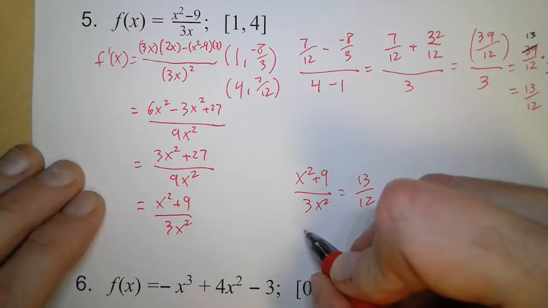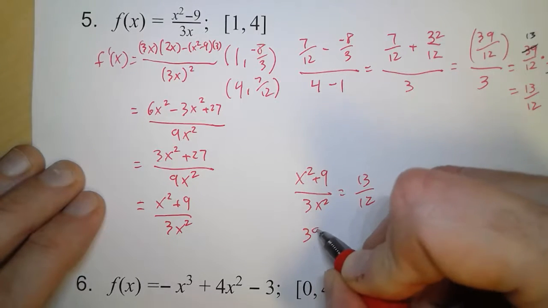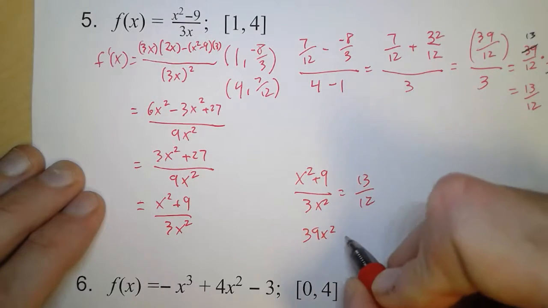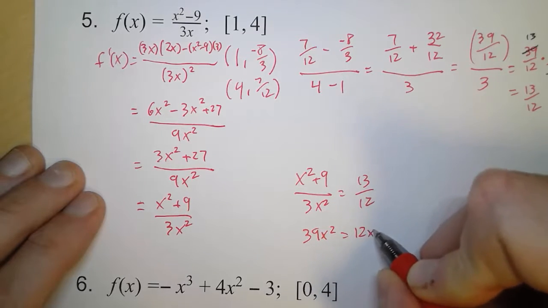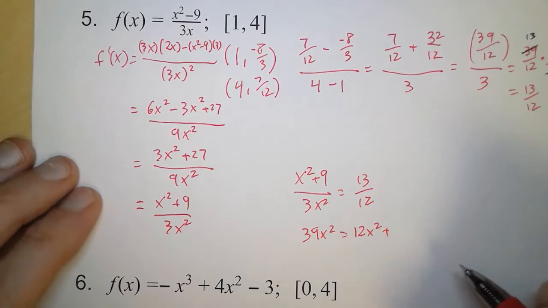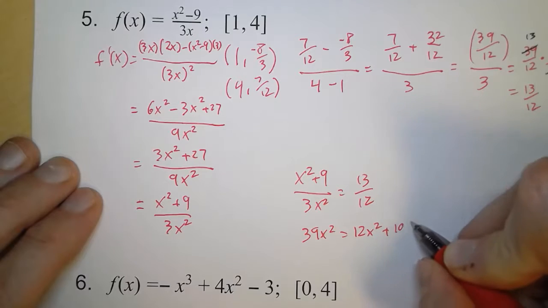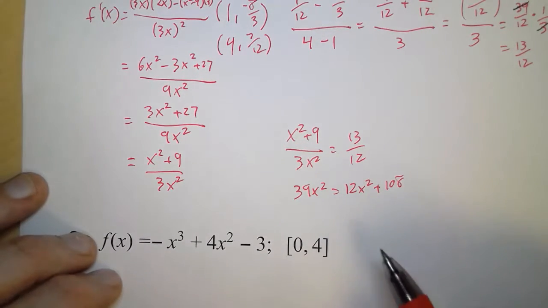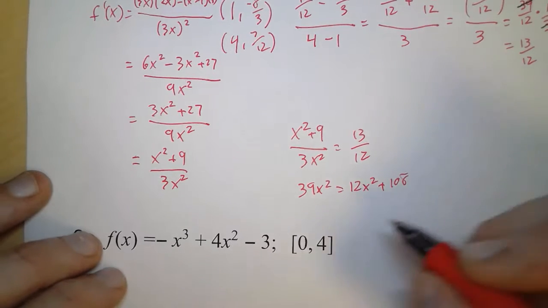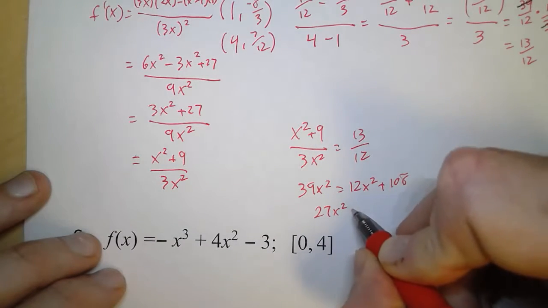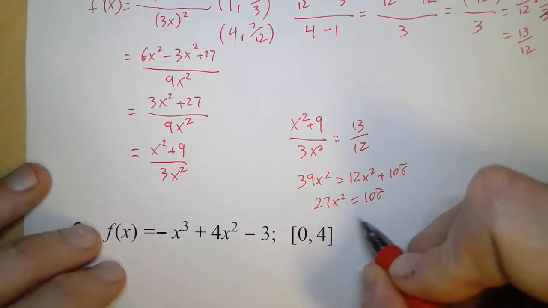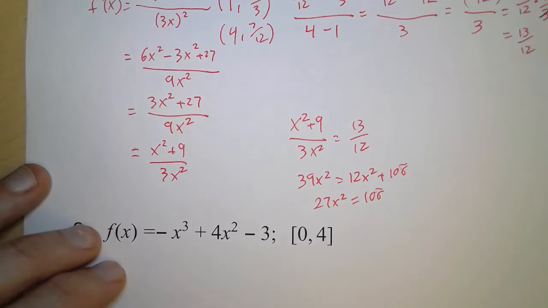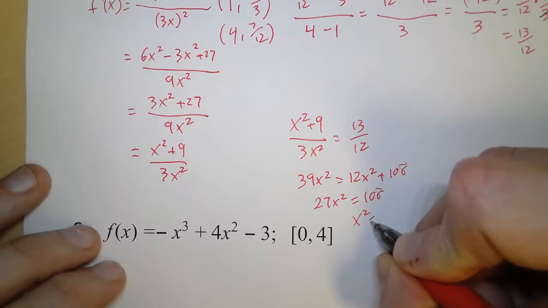So 3 times 13 is 39x squared, and then we multiply by 12, 12x squared, plus 9 times 12 is 108. So what we'll do is subtract the 12x squared over to the other side. So we have 27x squared equals 108, and then we divide 108 by 27, and we get 4. So x squared equals 4.